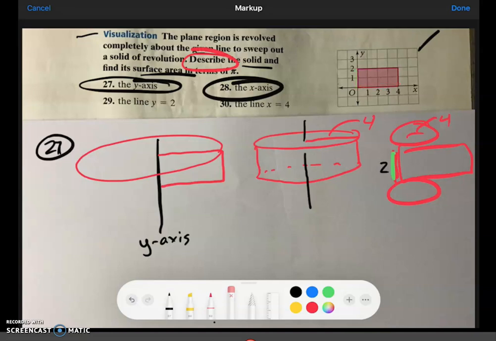Pretty much the same concept. When you rotate around the x-axis, you would make a cylinder this way with a different radius and a different height. And actually the height would go left to right on number 28, when you go around the x-axis. Figure out the surface area for both cylinders.